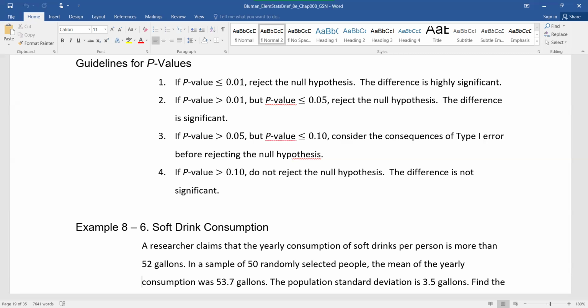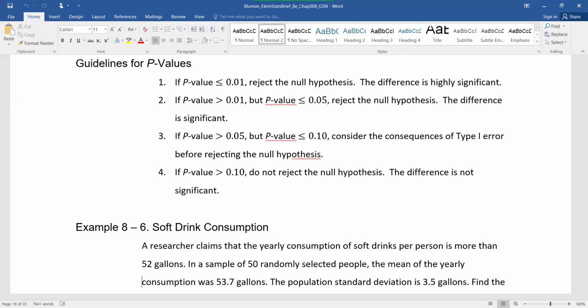If the p-value is greater than 0.05 but less than 0.1, we consider the consequences of a type 1 error before rejecting the null hypothesis. We might say that we have a higher chance of making a type 1 error.